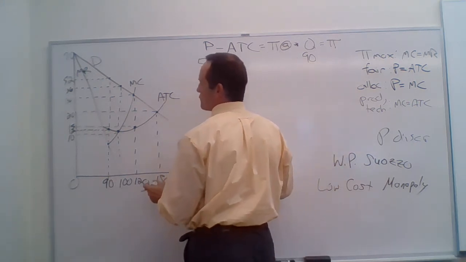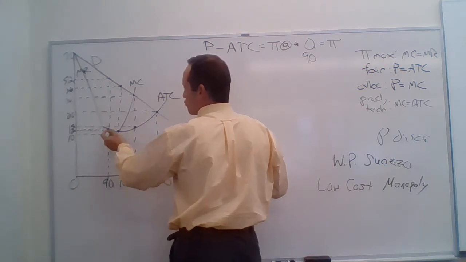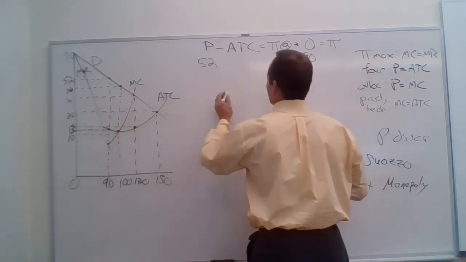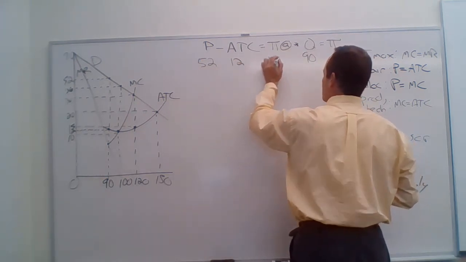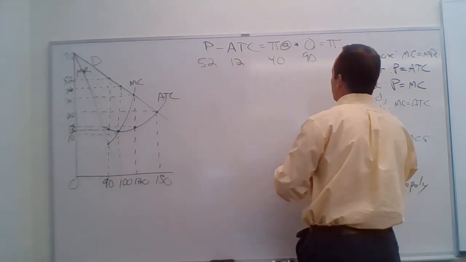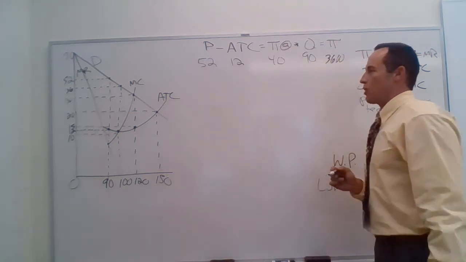It also drives up ATC, but because this is a low-cost monopoly, it only drives ATC up to 12. So we have a whopping $40 per unit times 90 units, a whopping profit of $3,600.